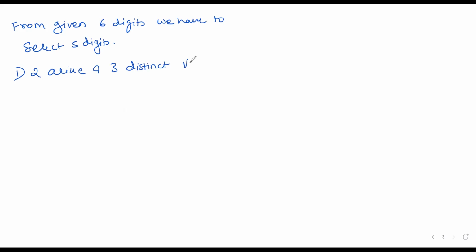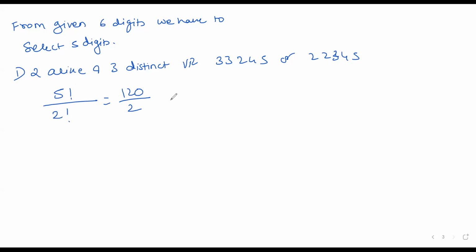For example, 33245 or 22345. So they can form a 5-digit number in 5 factorial upon 2 factorial ways. That is 120 upon 2. And here also the same, so I'll multiply this by 2. So I'll get 120.